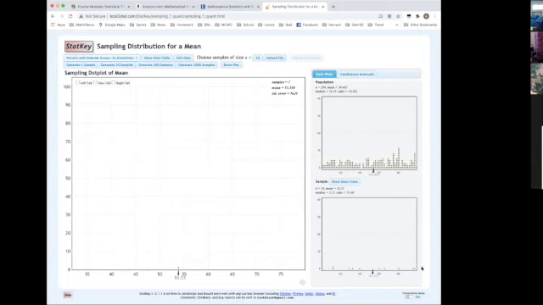If we add up all of these values and divide by 10, we can see that this sample has a mean of 55.53, right? Which matches our intuition that it should be close to the population mean, but not exactly. And we get a standard deviation down here, which is also pretty close to the population standard deviation, but not exactly.